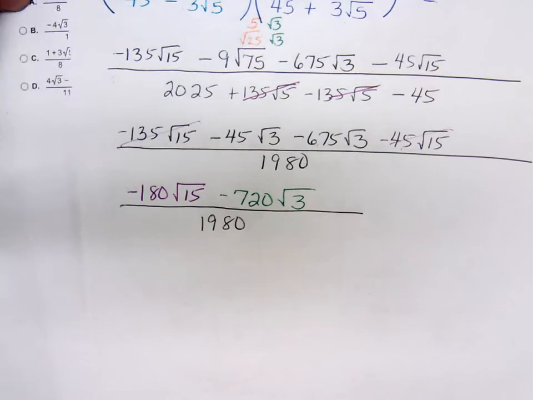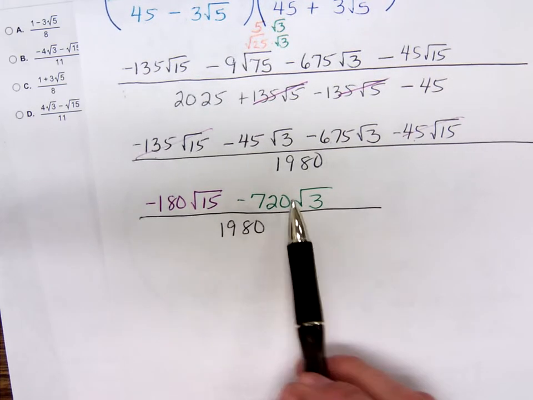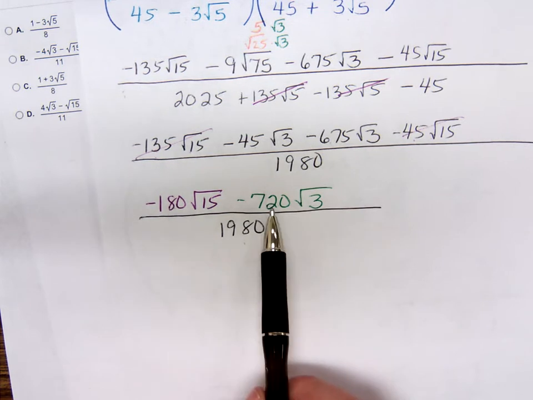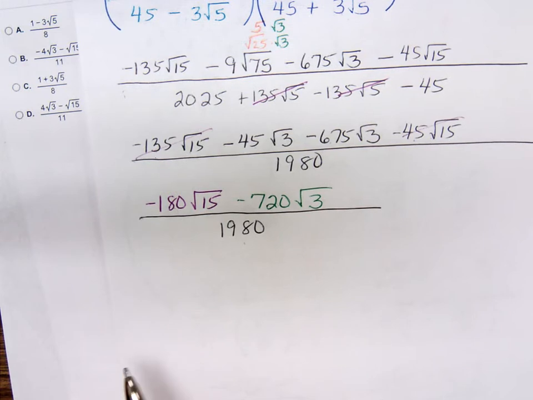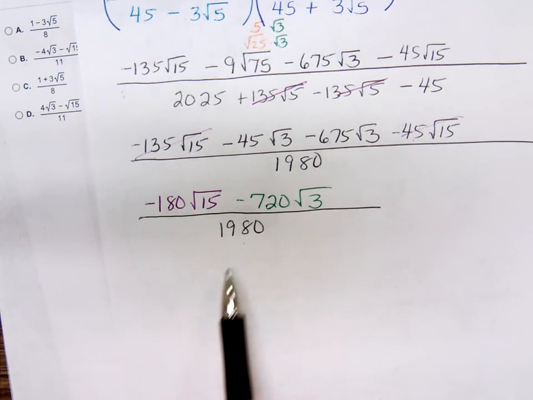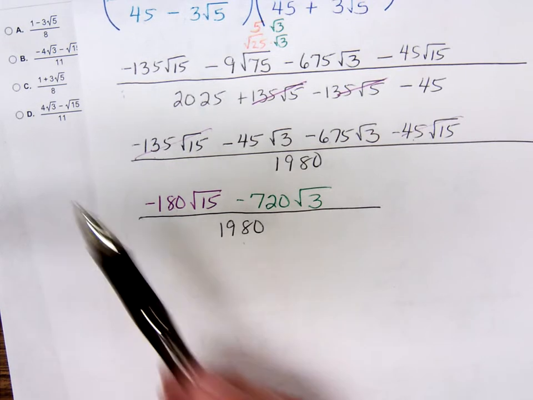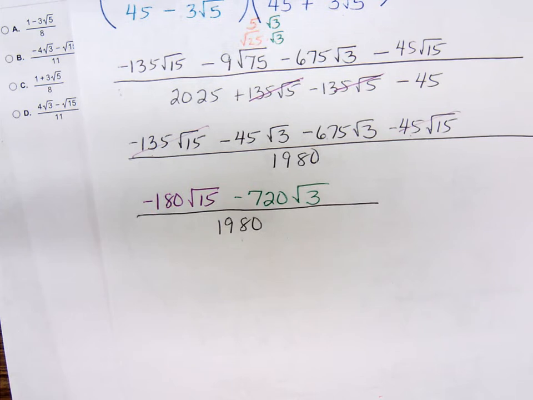So it's a matter of figuring out what number divides into these three numbers that are not under the square root. Negative 180, 180, 720, and 1980. Well, if you need some hints, you might divide 1980 by 11 or by 8. 1980 divided by 8, nope, 8 doesn't go into 1980.